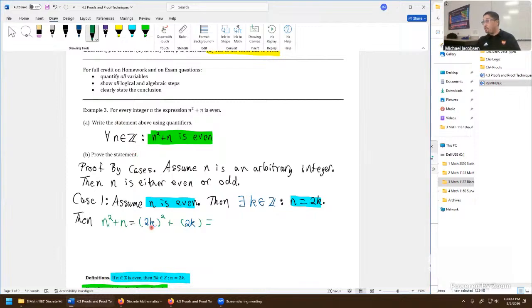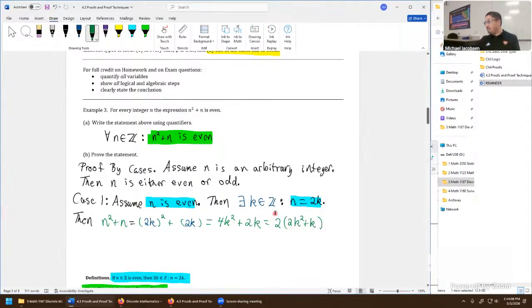But square this, we get 4k squared plus 2k. Then if we factor out, say, 2, we're left behind with 2 times (2k squared plus k), but this is what it means to be even.